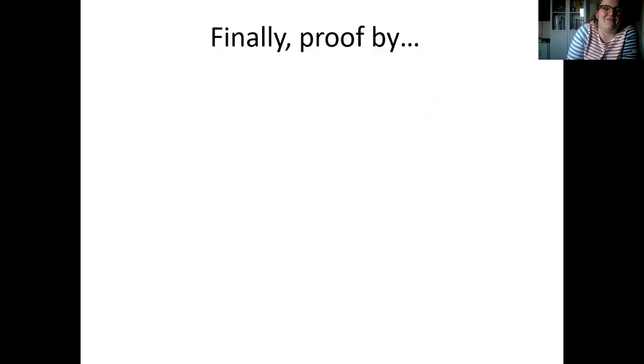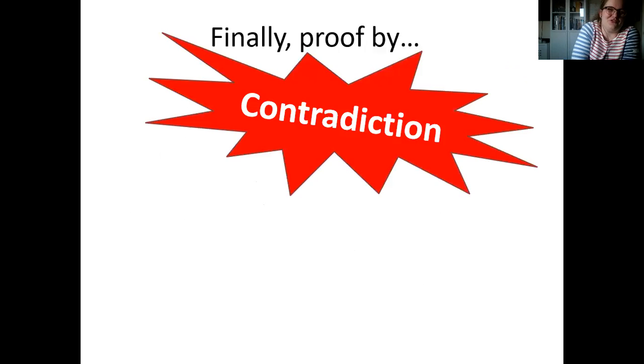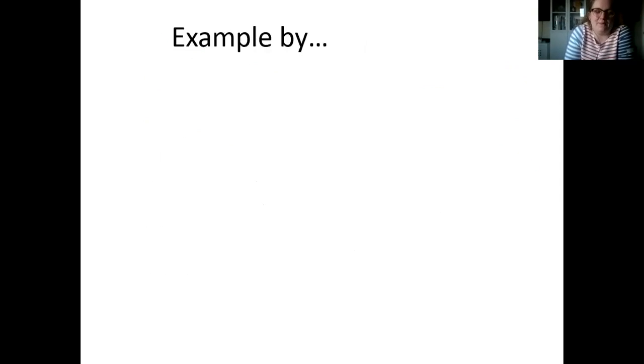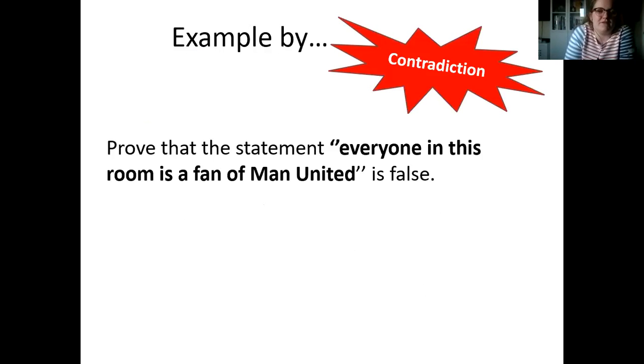And finally, we're going to have a look at proof by contradiction one last time. So this is our counterexample one, sometimes called counterexample, sometimes called contradiction. So again, it's nice and simple. It's in the name. We find a counterexample. So example by contradiction. Prove that the statement, everyone in this room is a fan of Man United, is false.